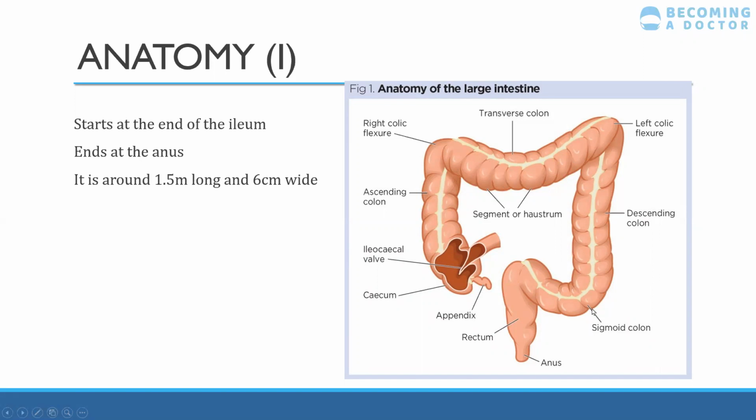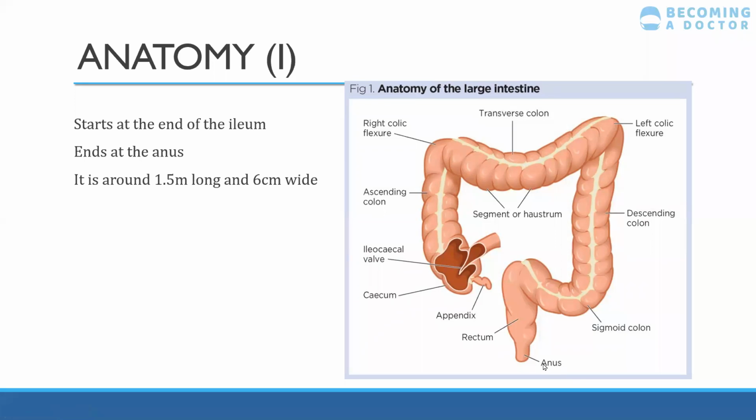And then you have your sigmoid colon over here, which is an S shape, your rectum, and finally your anus over here. And your anal canal will consist of two sphincters, your internal and your external, and I'll go through those two in more detail later on.